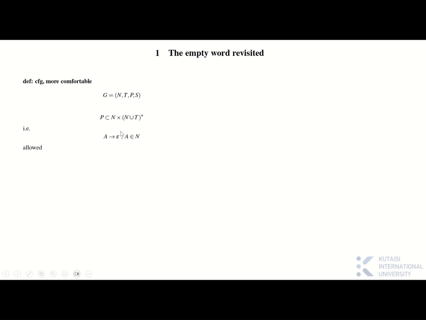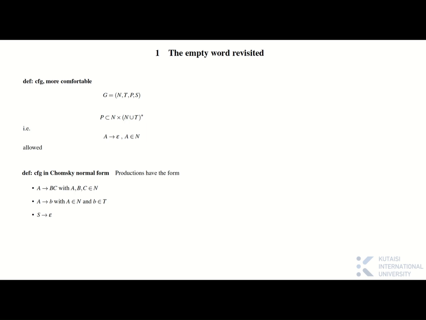And I'm going to show you that this is the same thing. Some authors in some textbooks define context-free grammar this way to begin with, but let's just do it. So you have a grammar like this. The only restriction I really have is on the left side, I just have a single non-terminal, and the right-hand side can also have just the empty string. So these things are allowed.